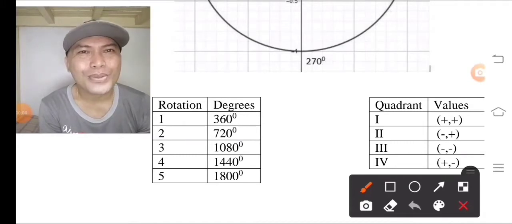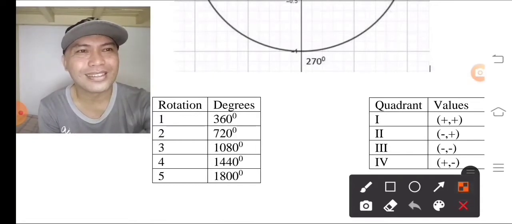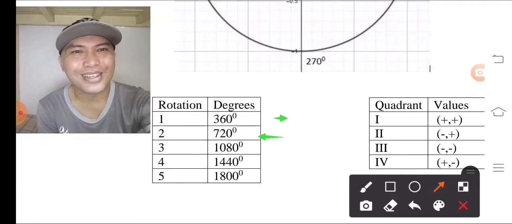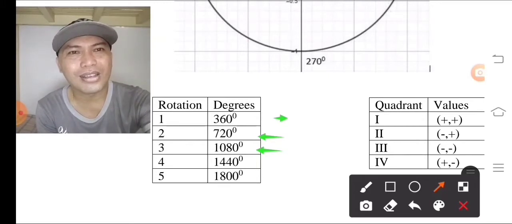So we should remember one complete rotation is 360 degrees. Two complete rotations is 720 degrees. Third complete rotation, or three complete rotations, is 1080 degrees.